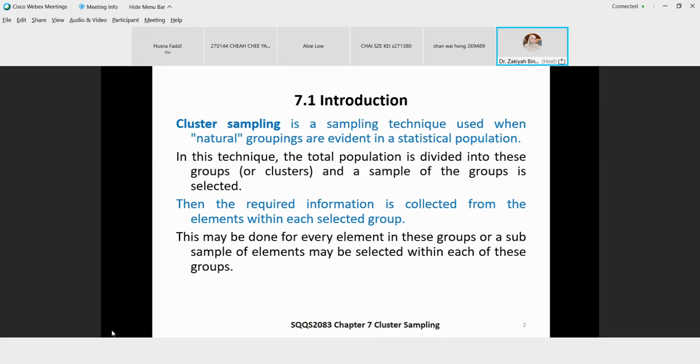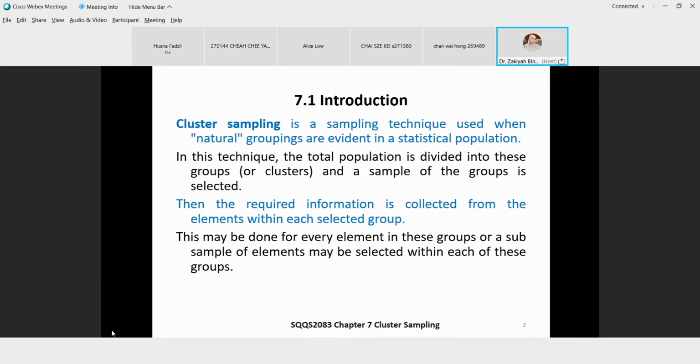In this case, you may have like 10 clusters, but you do not need to sample from each and every one of the 10 clusters. You just select a few. How many? You will learn that later. For the next layer of selection, first you select the cluster, and then the elements.